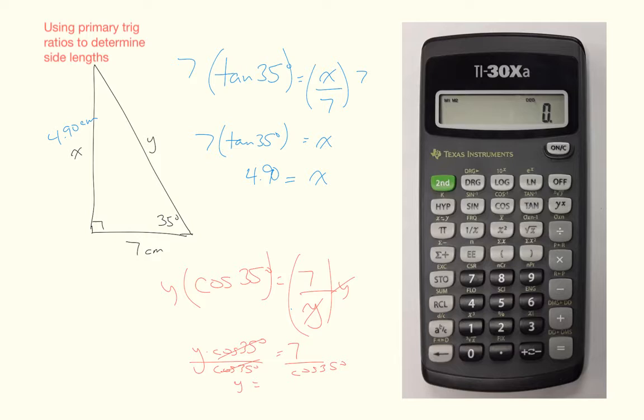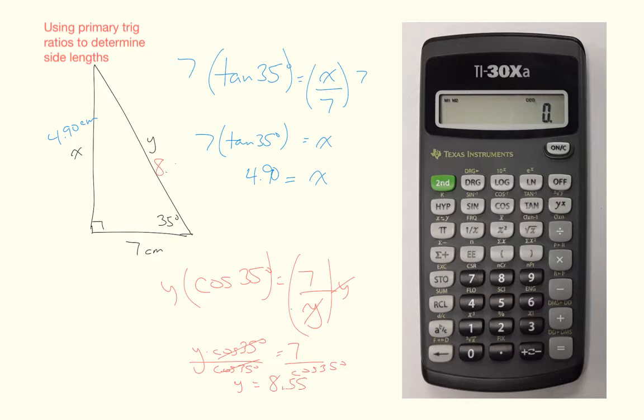So on my old school calculator I would hit 7 divided by 35 cos, and then hit equals. It turns out that the cos of 35 is about 0.819. Hit equals, and I get that y equals 8.55-ish.